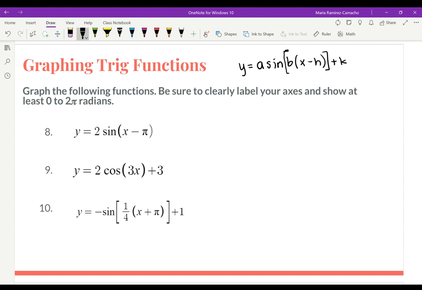Okay, a is your amplitude. That is the height from the midline to the maximum point.